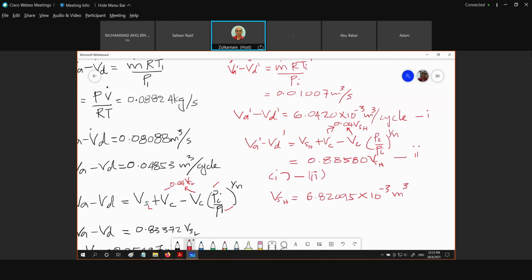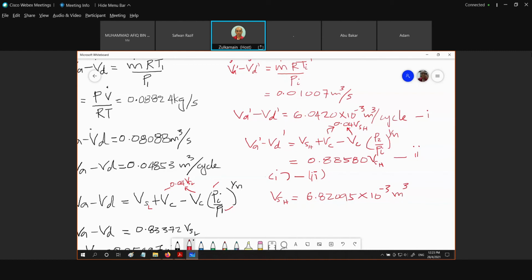meter cube. The question might ask you to put the value of this in terms of what do you think the suitable unit of this type of figure is? What do you think you will be asked to get? Because this is too small, this is not appropriate for an engineering unit or prefix.